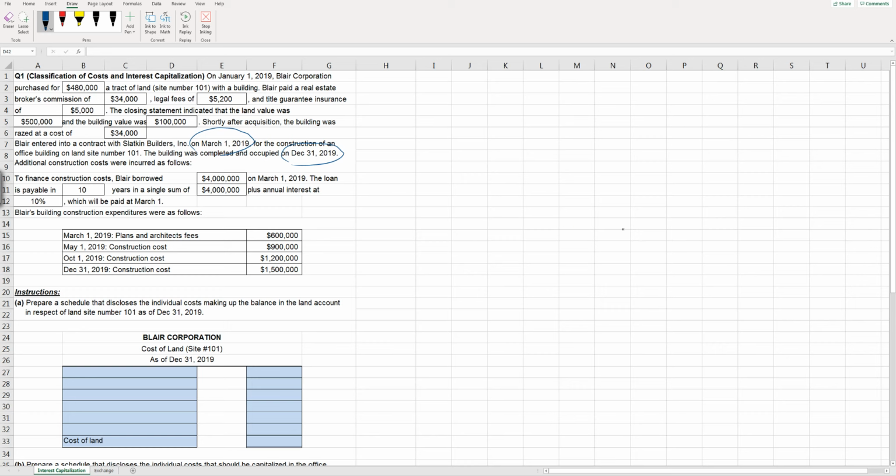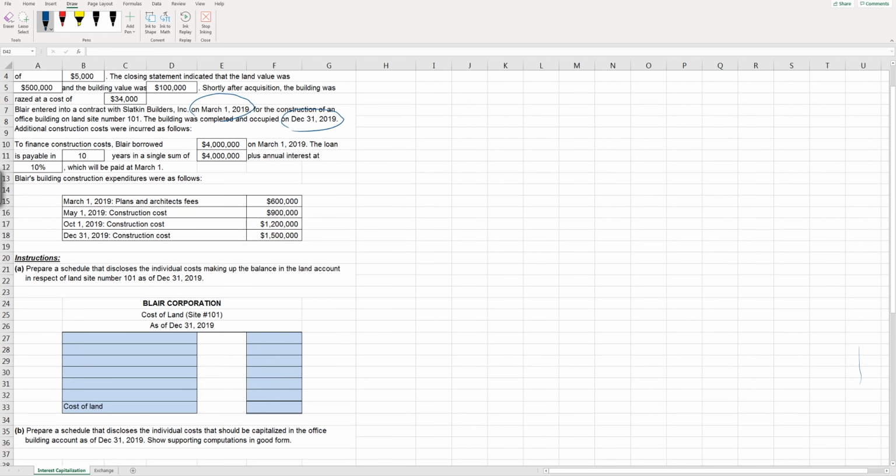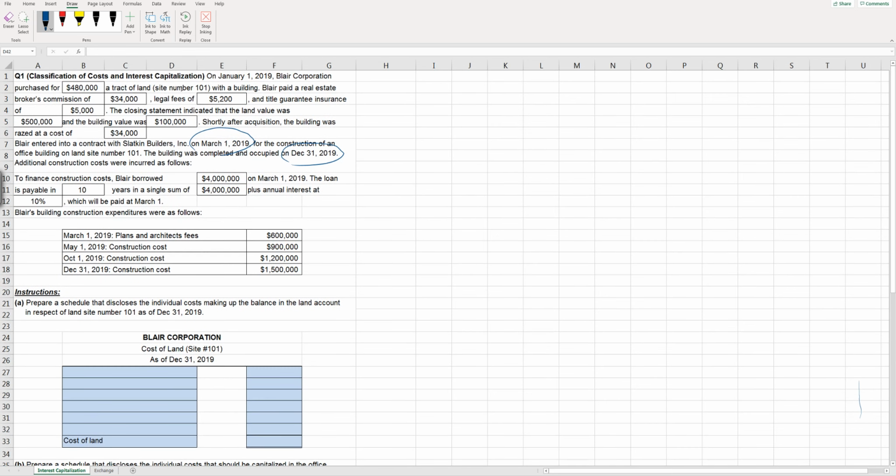The question is asking for the cost of land and the cost of the new building recorded on the financial statement. Alright, so first let's get to the cost of land, which is very straightforward. Everything we paid for the land, including the purchase price, right?